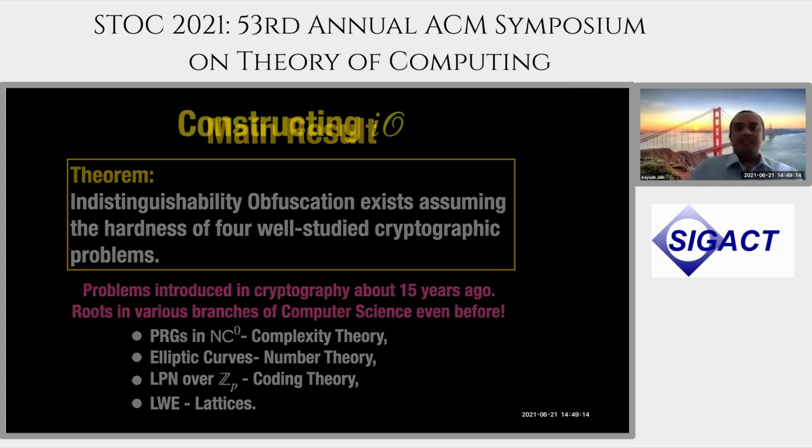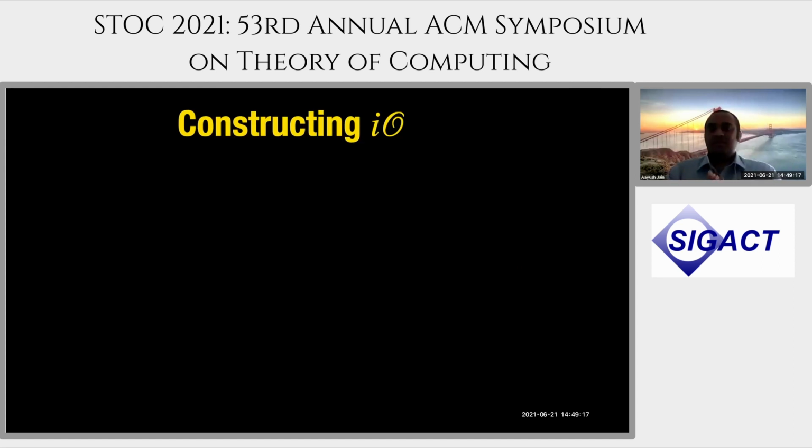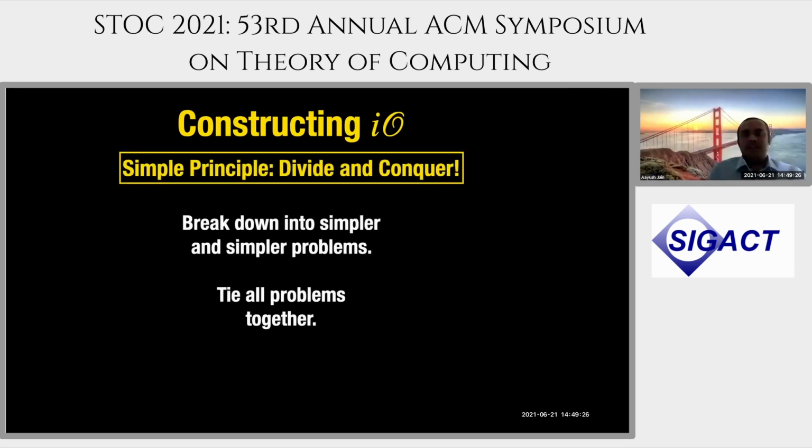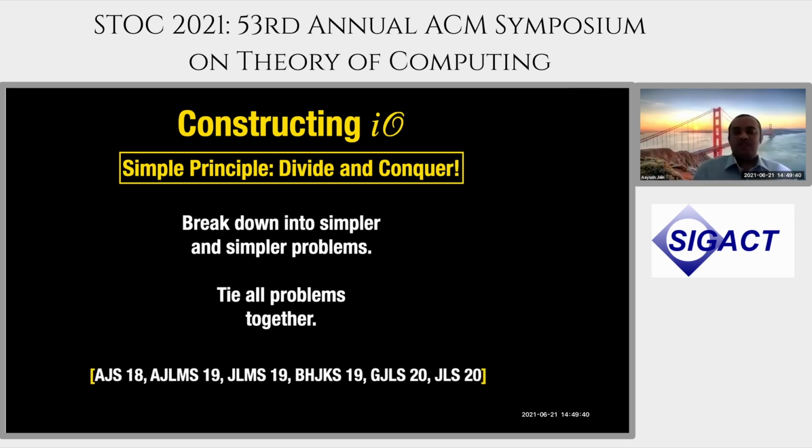Now let's see how we actually do it. Unfortunately, I of course won't have time to tell you all the details. But let me give you a couple of things. On a really high level, we follow an extremely simple principle of divide and conquer. We break down the task of constructing this complex primitive into simpler and simpler problems, and then we solve each of them and tie them into a solution. And as I was saying, it was a culmination of a multi-year effort where the precise goals were exactly to identify which problems to consider and solve them.